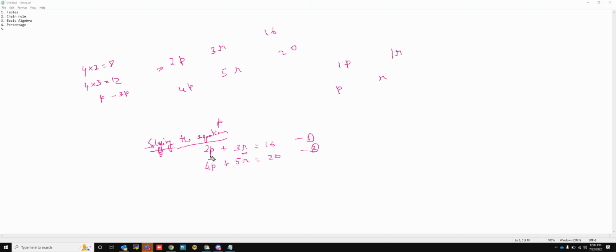If I put the value of P here and the value of R here, this equation has to be satisfied. And because the price of one pencil is the same, even if you put it here, this equation also should be satisfied. There are different methods to solve equations. You can use matrix to solve equations.